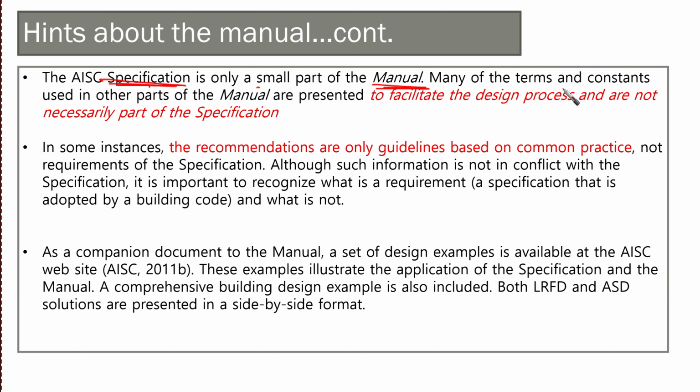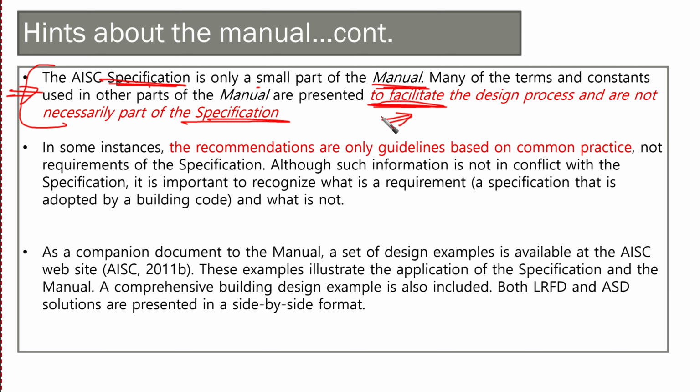Many of the terms and constants used in other parts of the manual are presented to facilitate the design process and are not necessarily part of the specification. That's a very important hint here. Not everything that you are going to see in the manual is considered to be a section in the specification that is obligatory for us. No, it is only for facilitating.